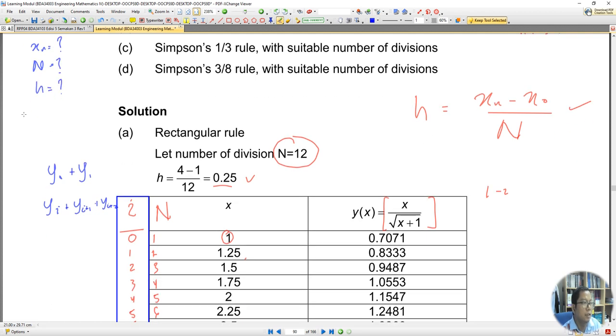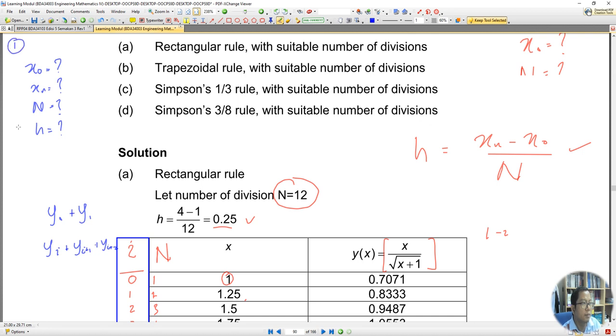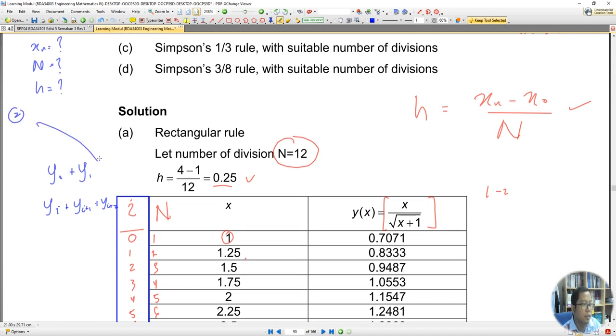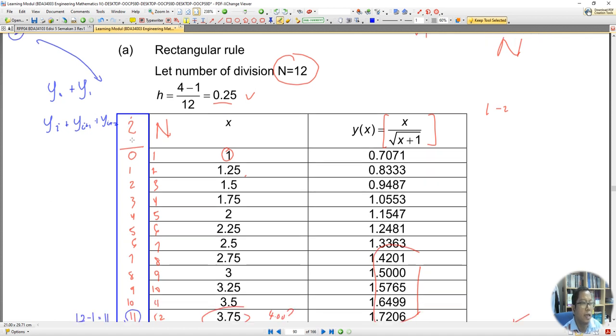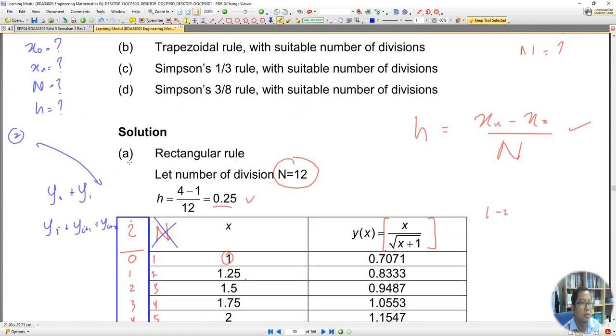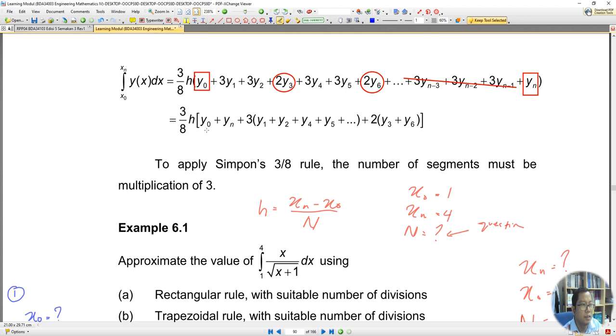After this, you construct. This is the first step. The second step is this one: you have to construct the table. You put here i for iteration. The most important thing is i, based on the iteration, because i can be here.